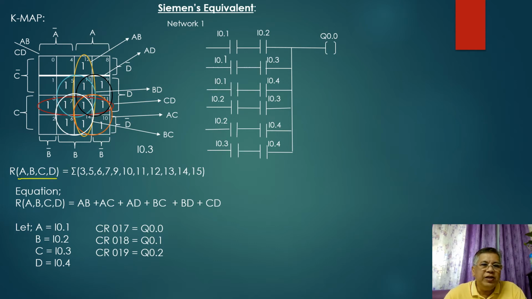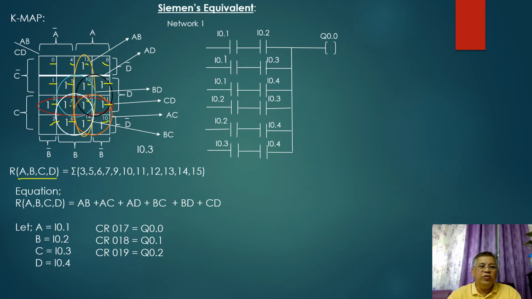Then, from the 16 cells, we locate the decimal equivalent for each cell. So we have here 0, then 1, then 2, 3, then 4, 5, down, 6, 7, then side, 8, 9, then 10, down, 11, then 12, 13, then down, 14, and then 15.